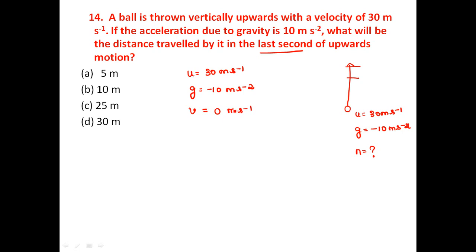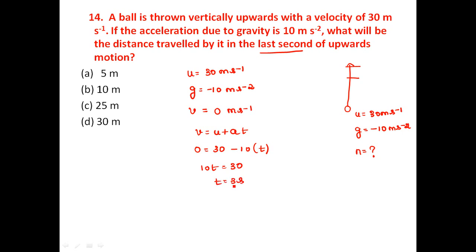Let us calculate the time taken for the object to reach the topmost point. We have v is equal to u plus at. V is 0, u is 30, acceleration due to gravity is minus 10, so 10t is equal to 30.